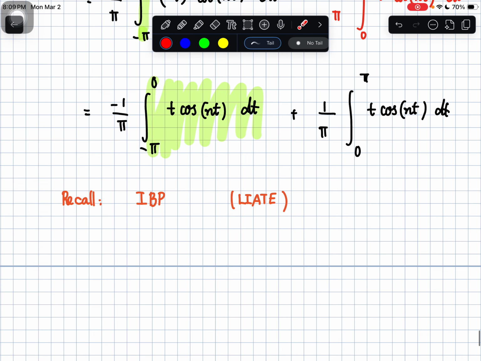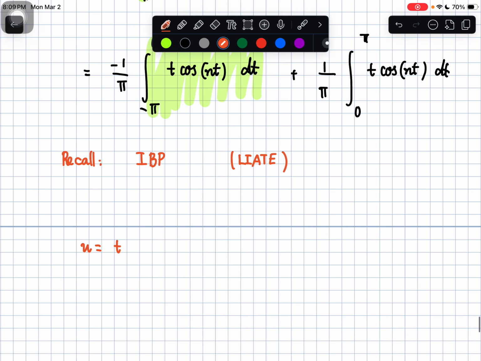In this case you have t, algebraic, and cosine, trigonometric. So u equals t, dv equals cosine nt dt. So du equals dt, and v equals 1 over n sine nt.